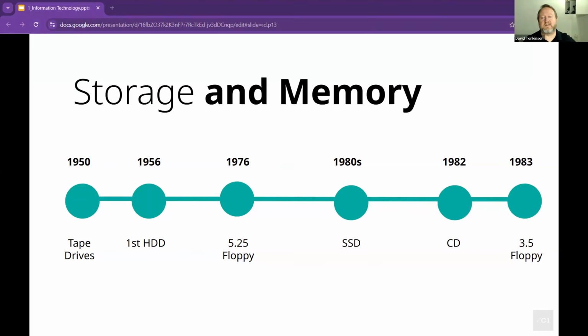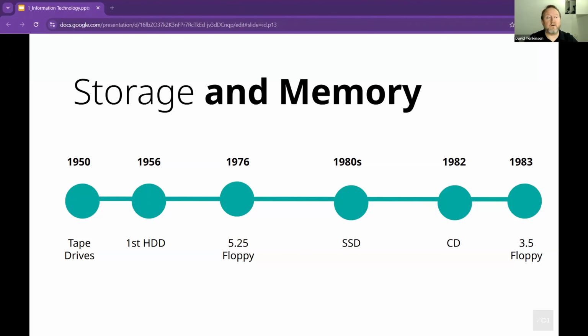Then in 1982, CDs came about and started revolutionizing things because they were capable of holding 650 megabytes. A lot of them were read only, so you'd write once and then read from those. Solid state drives were actually developed before CDs, but they were expensive.